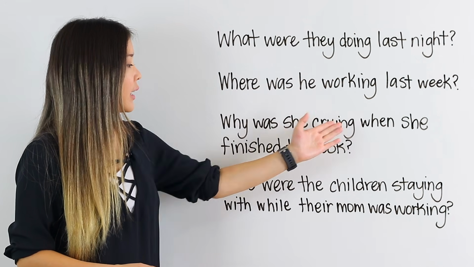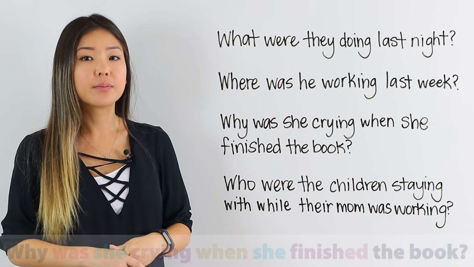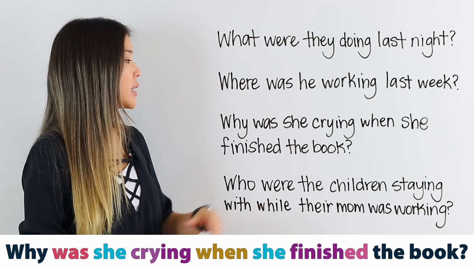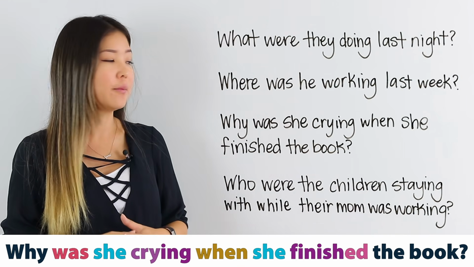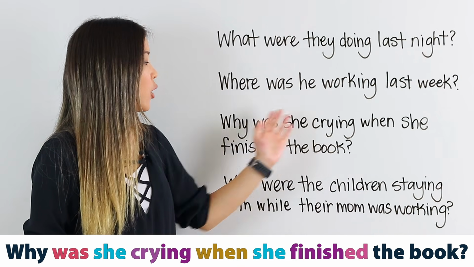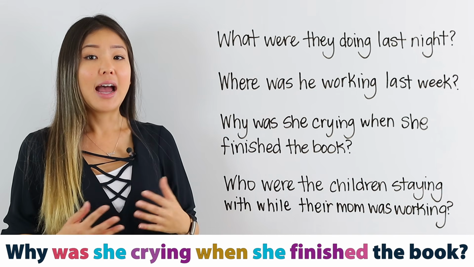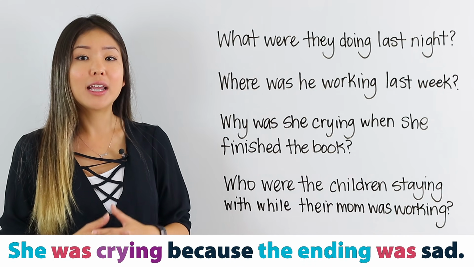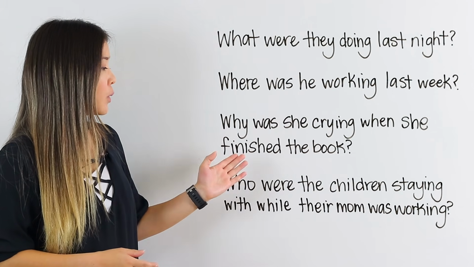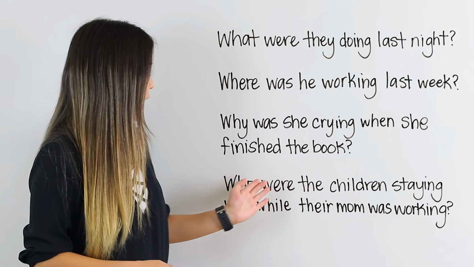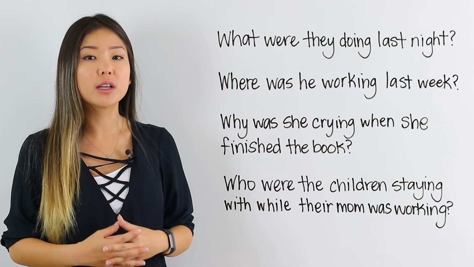Why was she crying when she finished the book? In this case, the subject is she, and so I put was after why. Why was she crying when she finished the book? I can say she was crying because the ending was sad. And finally, who were the children staying with while their mom was working?